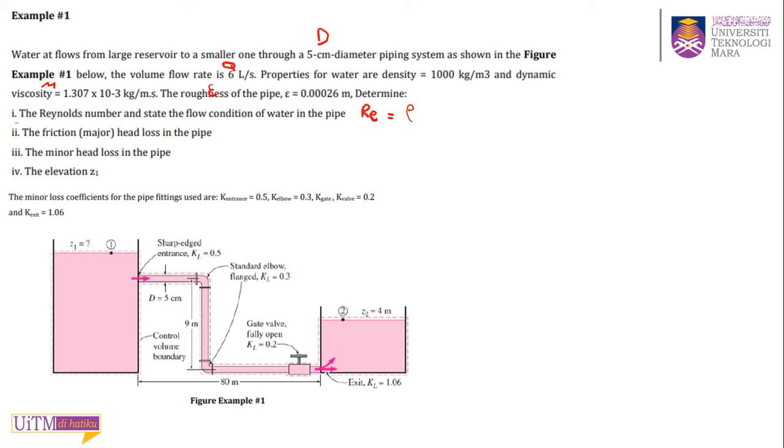Rho times... VD. Good. Over mu. So you need to remember this. If not, you cannot answer the question.